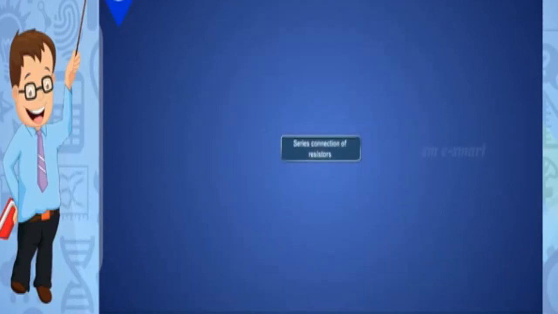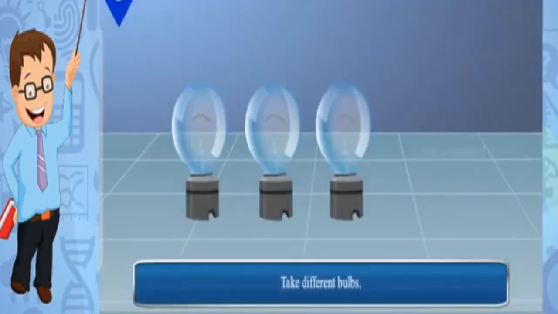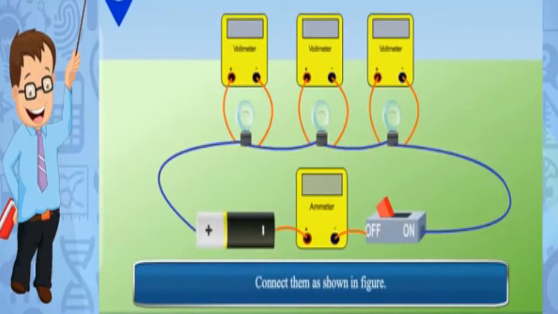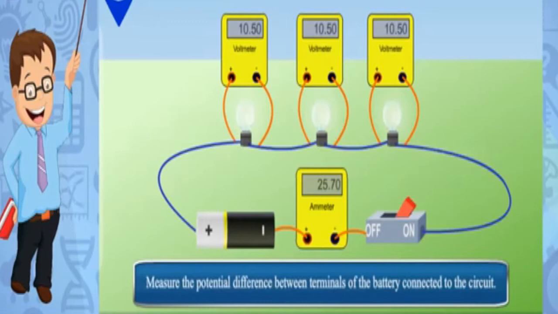Series connection of resistors. Take different bulbs and measure their resistances with a multimeter. Note their values in your book as R1, R2 and R3. Connect them as shown in the figure. Measure the potential difference between the terminals of the battery connected to the circuit.